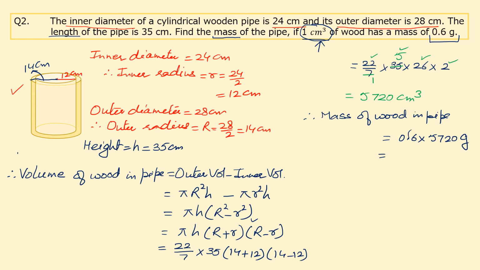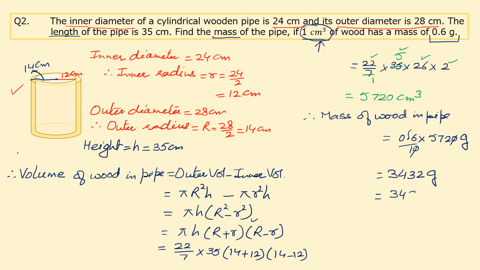Now if we remove this decimal, we get 10 here. So let me erase the equal to sign here. This is equal to 3432 grams.